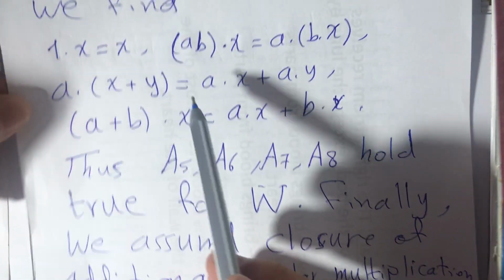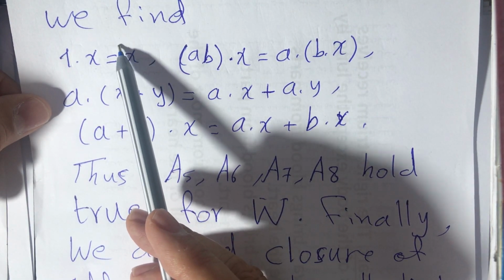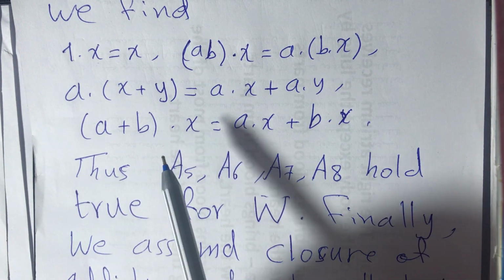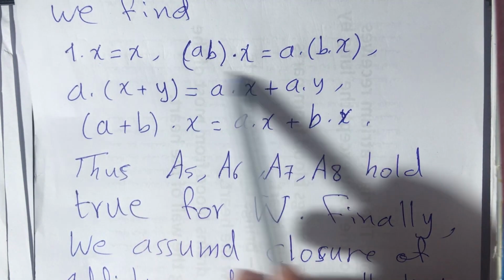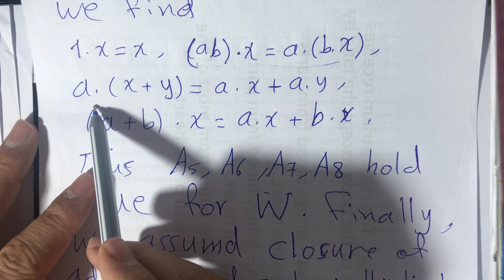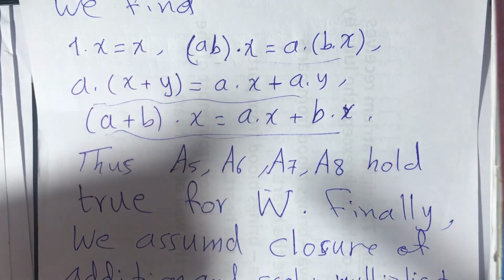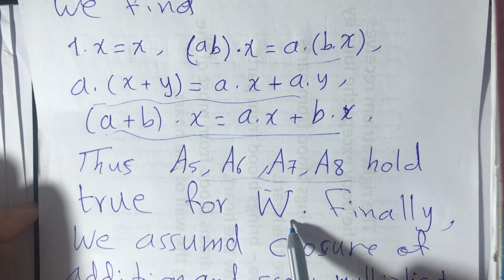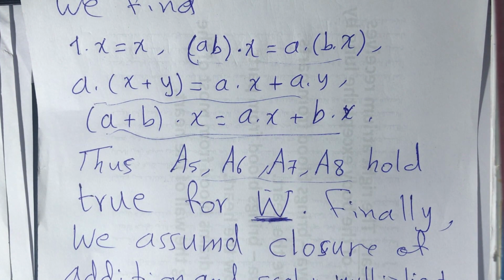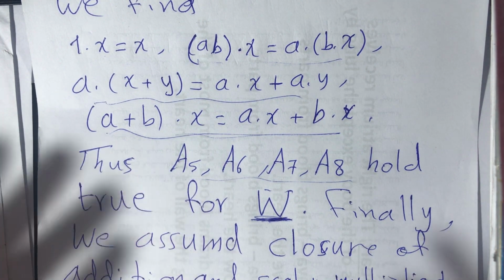A5, A6, A7, A8 are satisfied for V, and we take this in R and this in W, so the vectors X, Y, Z belong to W, also belong to V. So all axioms are satisfied for V, and consequently they hold true for W, because these vectors belong to W. Finally, we assume 1 and 2 are true, so A9 and A10 are of course true.